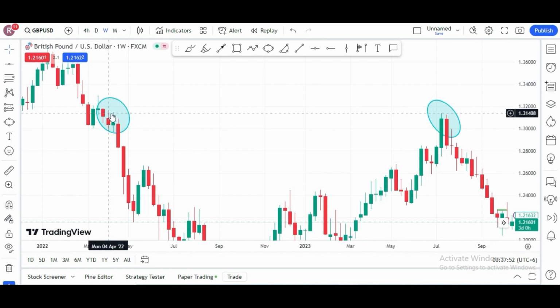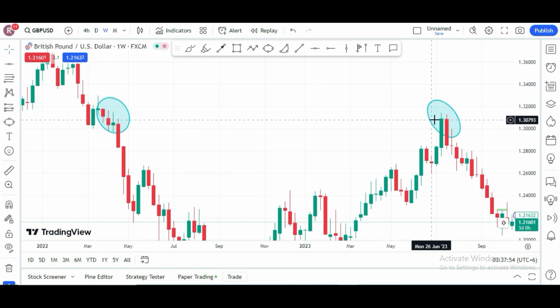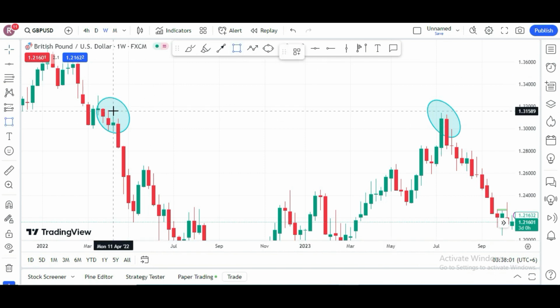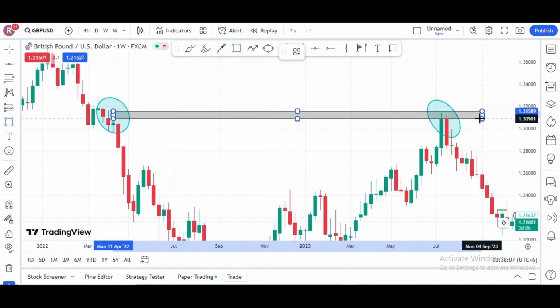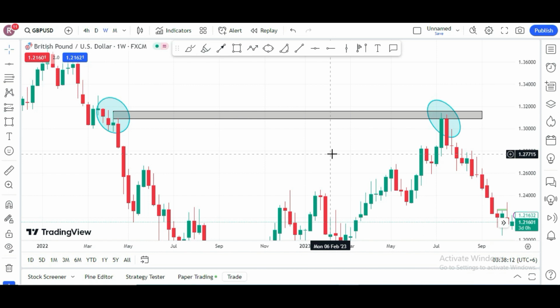And this is the same candle that is now trying to stop the buyers. So if we draw a box here like this, this is the place where the double top has occurred in the weekly time frame.